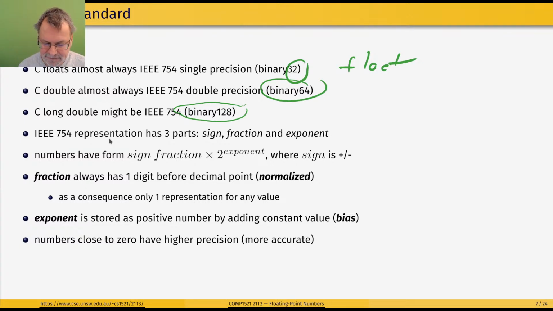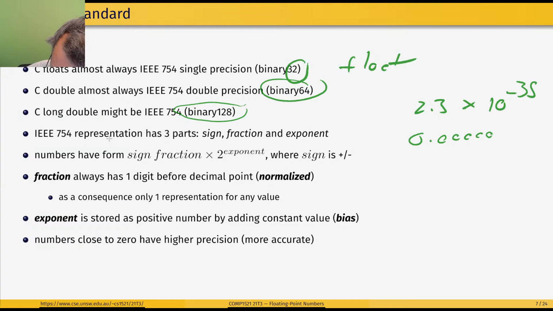Now, how does it work? What's the insight? I guess the insight is we've seen how physicists switch to writing things as 2.3 times 10 to the minus 35. And that works much better than writing 35 zeros and then a 2, 3.